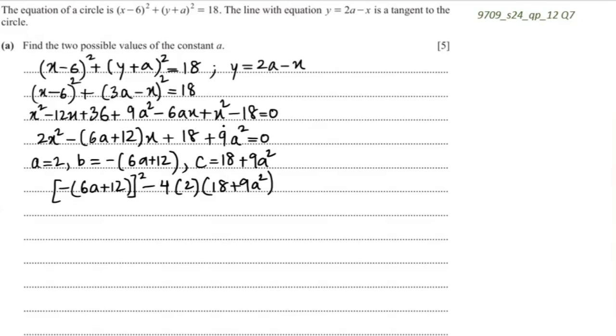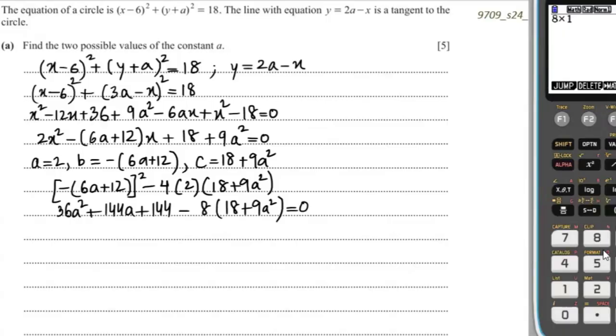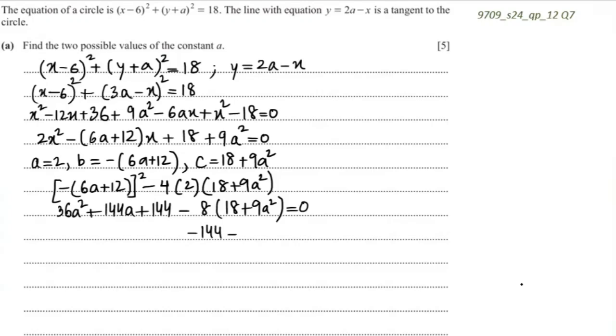Let's expand the rest. 36a squared plus 144a plus 144, minus 8 times (18 plus 9a squared), which is too much to handle, but we can use a calculator. 8 times 18 is 144, minus 72a squared equals 0.